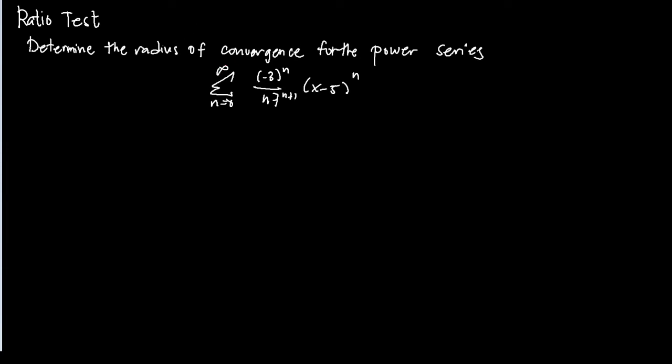So let us review that in terms of a power series, originally it's the summation of a raised to n multiplied by x minus x sub 0 raised to n, where n is equal to 0 to infinity.